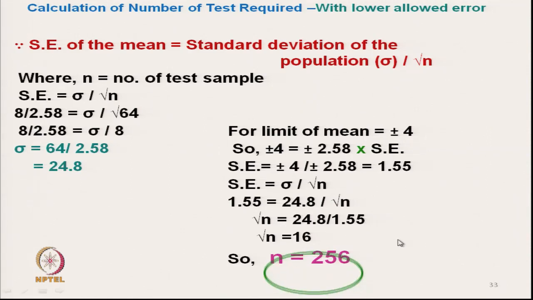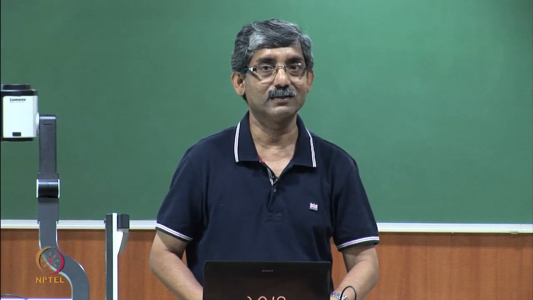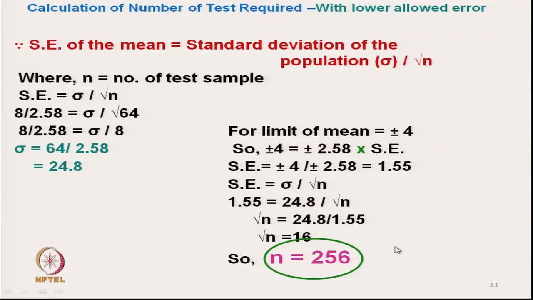So, this is the number of samples that should be tested to have the limit of plus minus 4 for the same population. That means, from plus minus 8 error, where we required only 64 test samples, when we change it to plus minus 4, the number of samples required is 256.